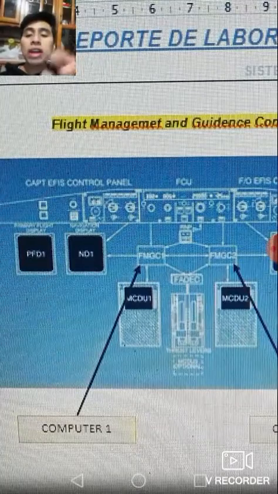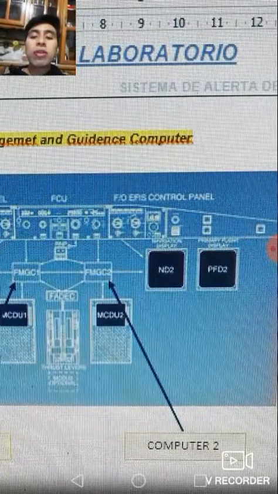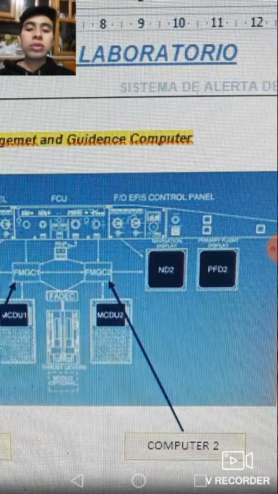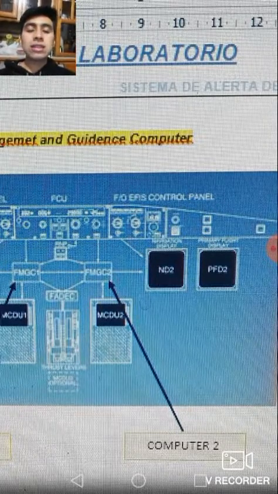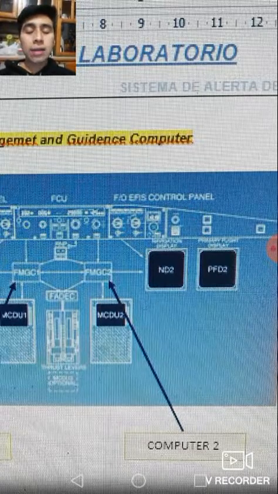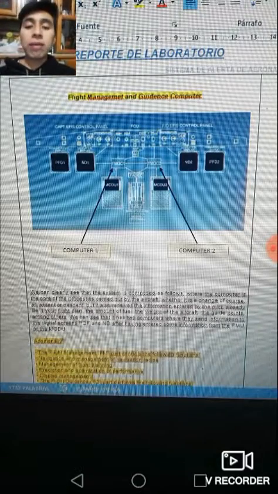Then the control panel I mentioned, on the glareshield, next to this component, is similar to this control, but is what the first officer uses. It's the principal idea that you have to get.